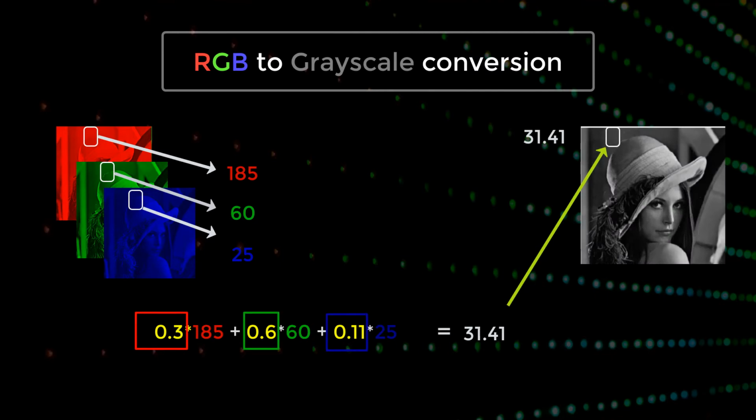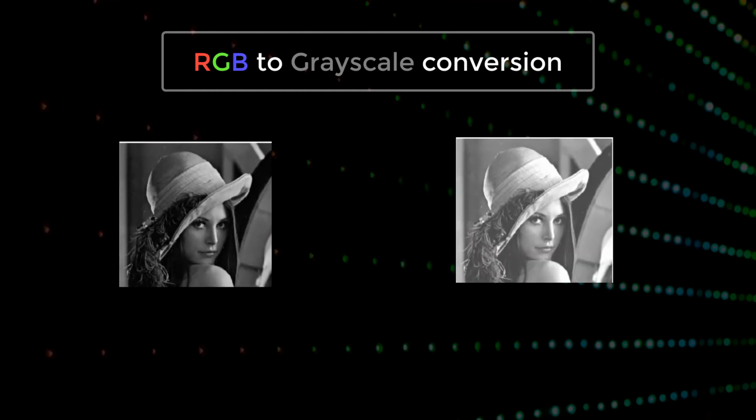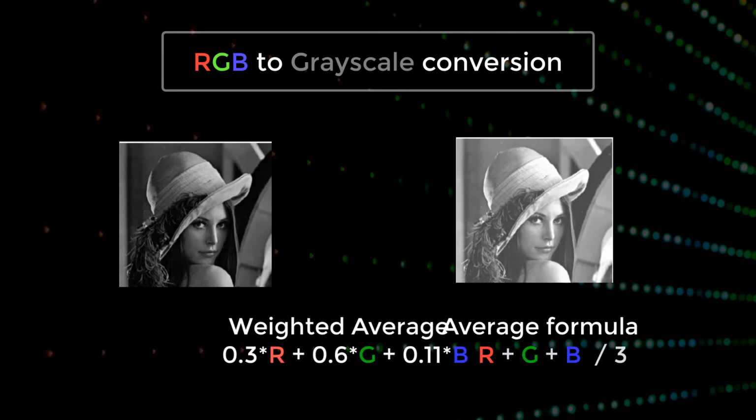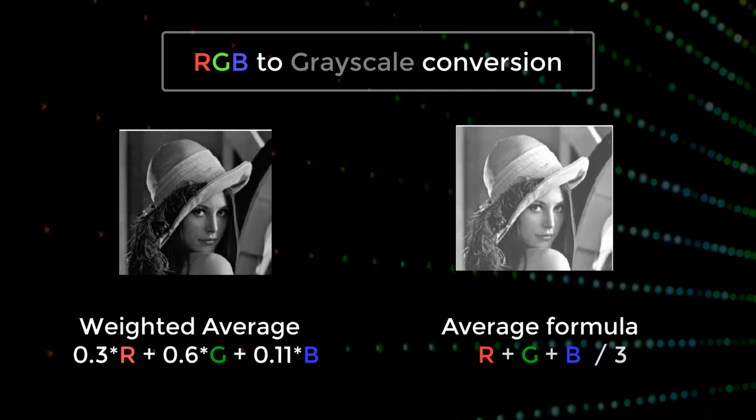So the actual way of converting a RGB image to grayscale image is by taking weighted average of RGB pixel intensity values. The difference between the grayscale image computed with normal average and the weighted average is clearly visible in the images. The weighted means formulation generate much more realistic image.